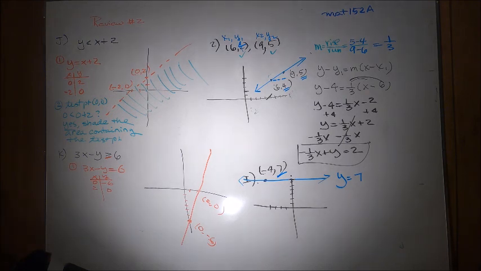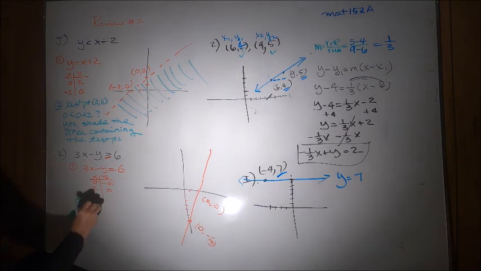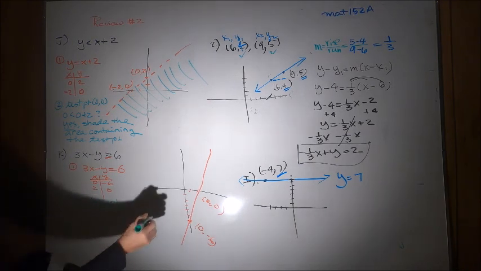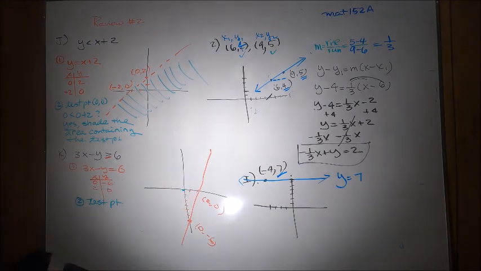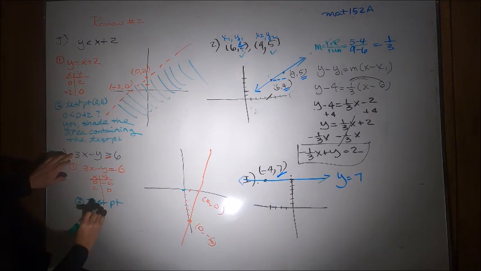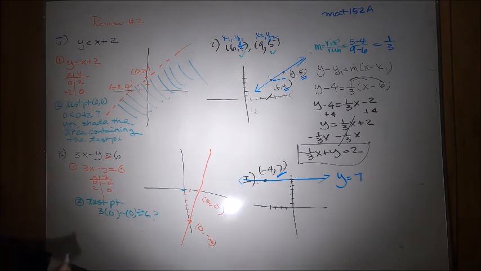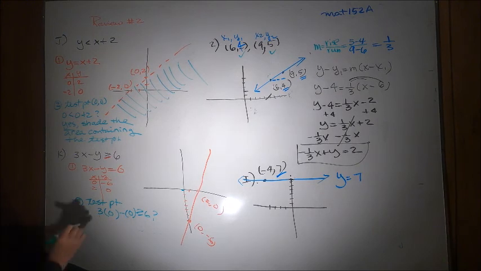Then the second step, what do we do? Use the test point. A simple one, that would be which point? Right here, looks easy, right? So let's see, it will work. You will see 3 times 0 minus y is 0. Is that greater than 6? Is 0 greater than 6?